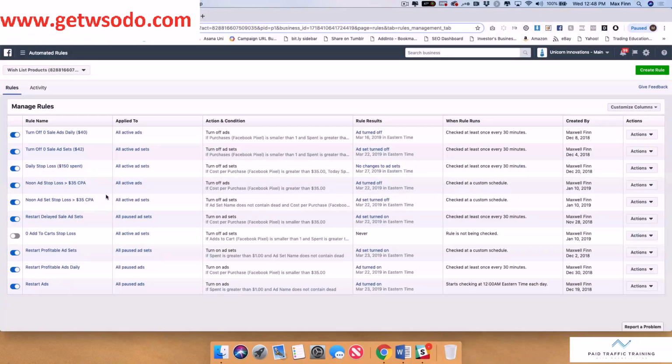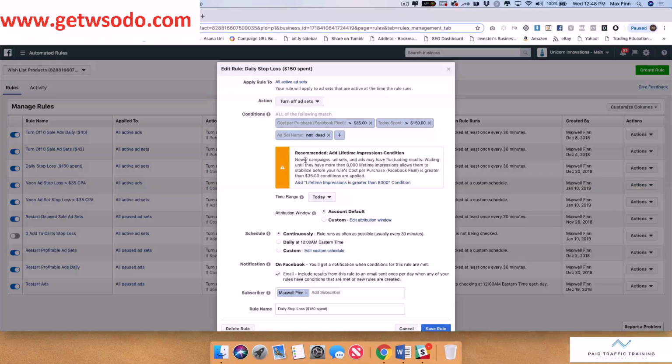So the first one to put in place, and I think this is a great rule for anybody, is our noon stop loss rule, or our daily stop loss rule. It's just anything that's spending too fast and is really not working well, we want to kill that regardless of time in the day.